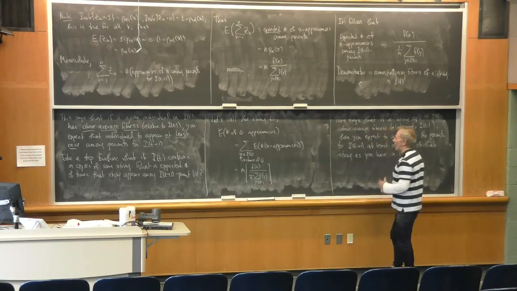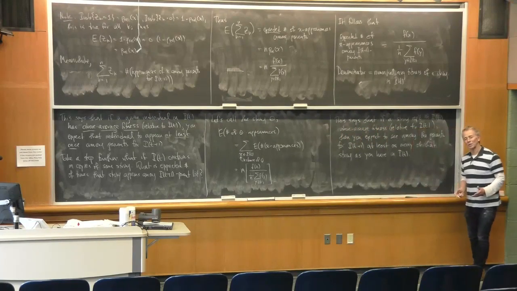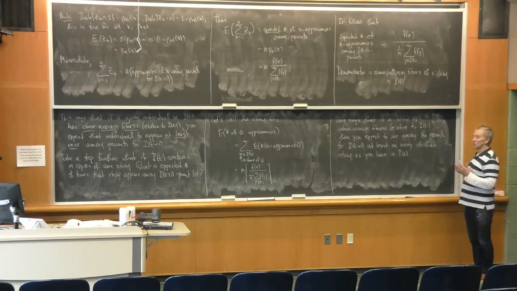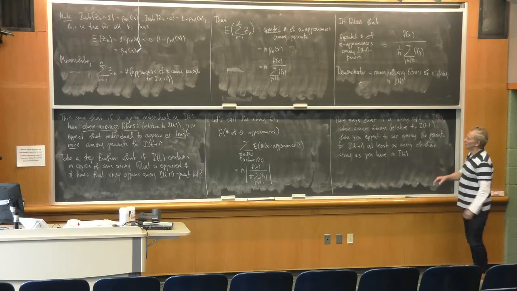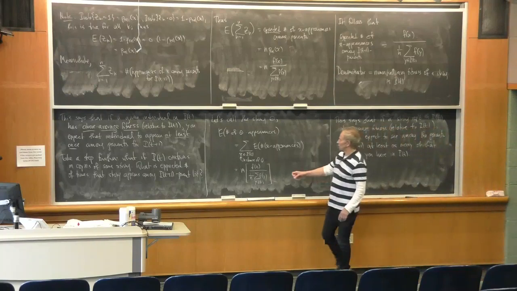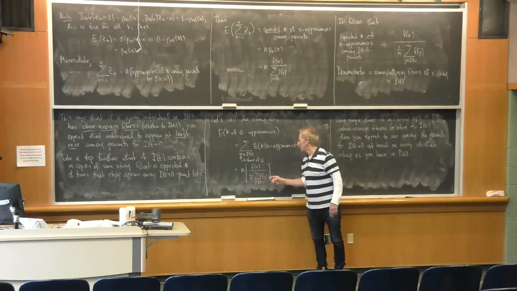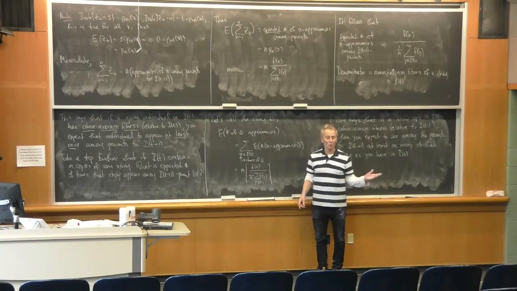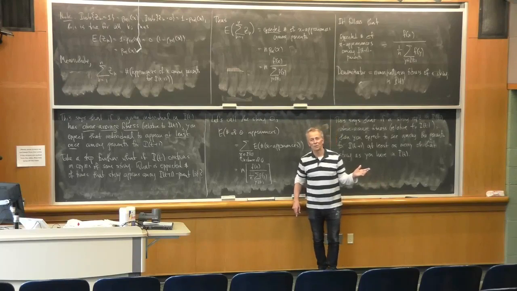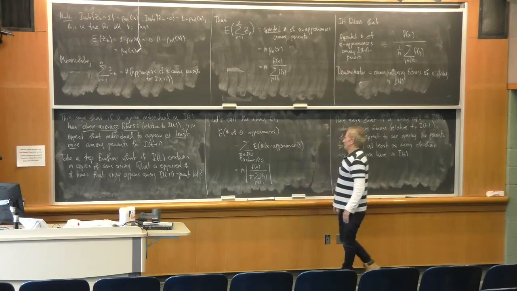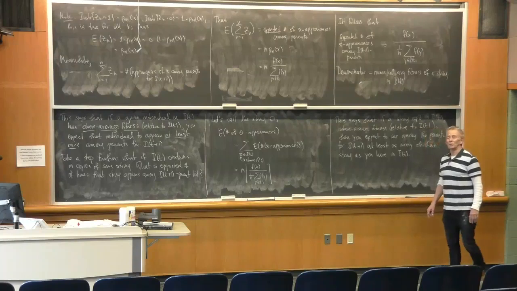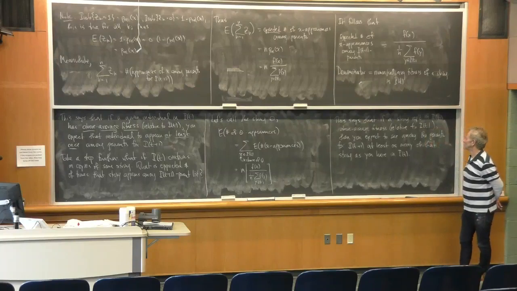So if you have m reps of that string in P of t, and that string has above average fitness, then the expected number of times you see that string in the next population is going to be m times a quantity in brackets, which is bigger than 1 when f of x is above average relative to P of t. Okay?